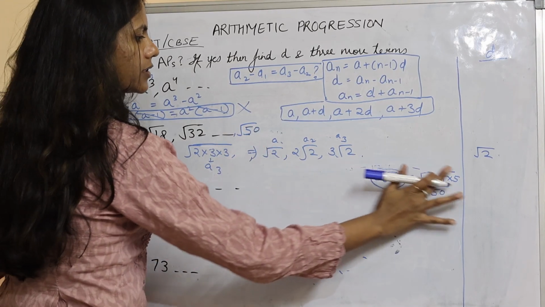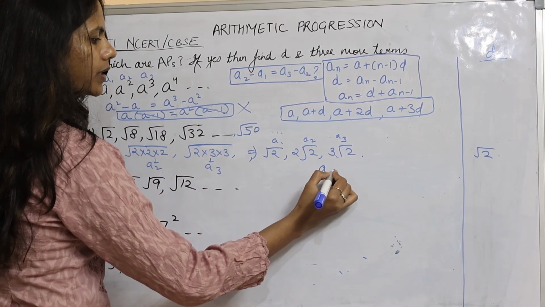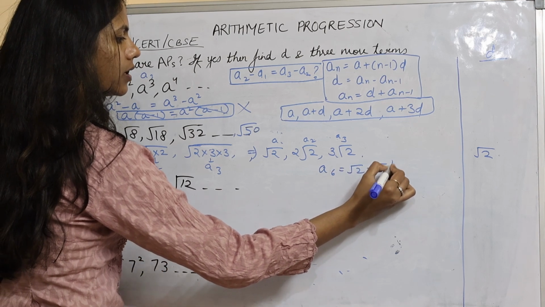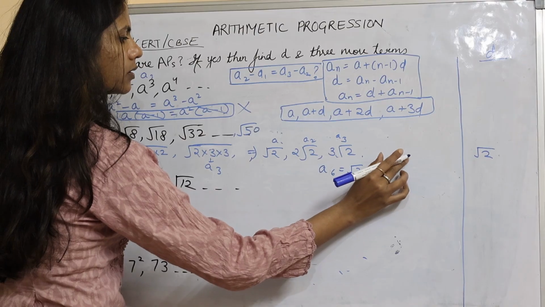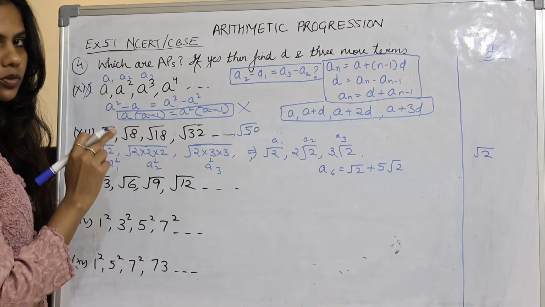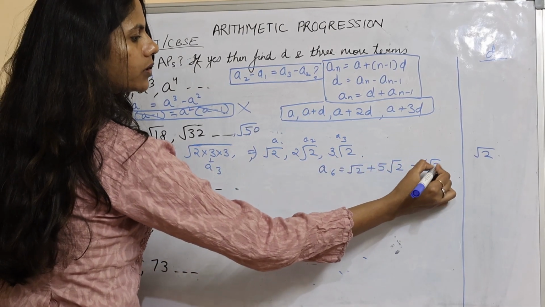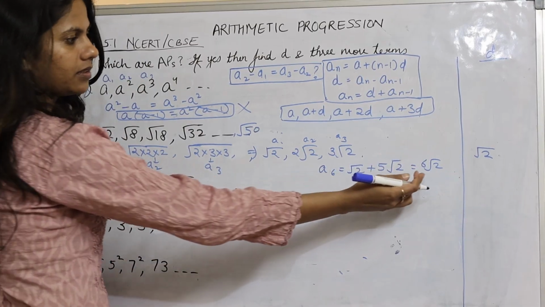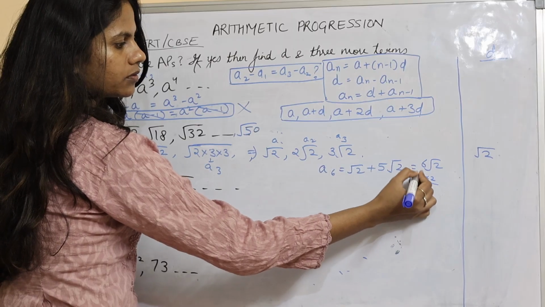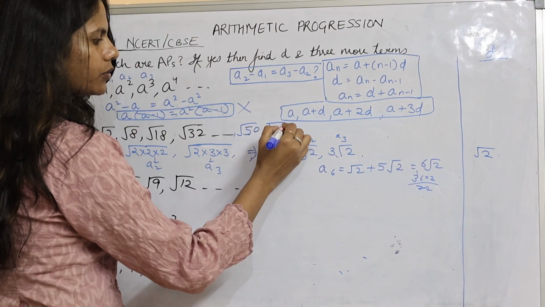Now let's try to find out a6. So a6 equal to under root 2 plus 5 under root 2. Here a and d both are under root 2. So this will become 5 plus 1, 6 under root 2. 6 will go inside, 6 6 are 36 and 36 into 2, 72. So this will be under root 72.